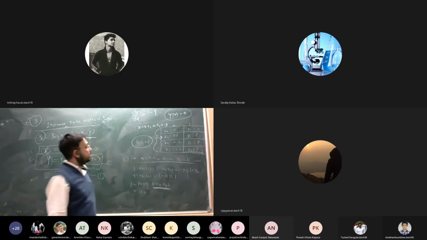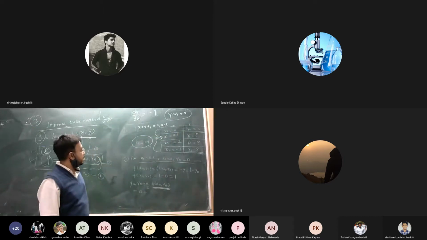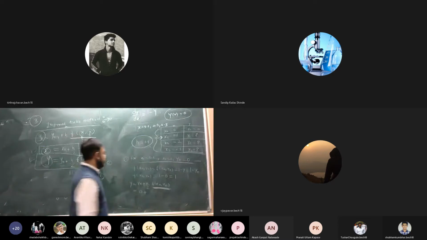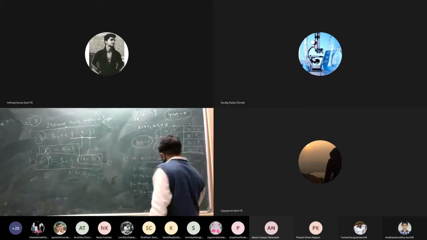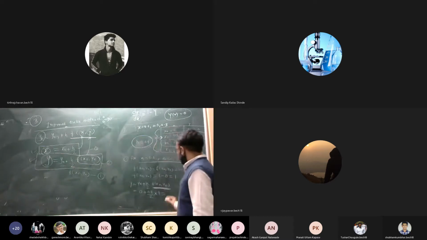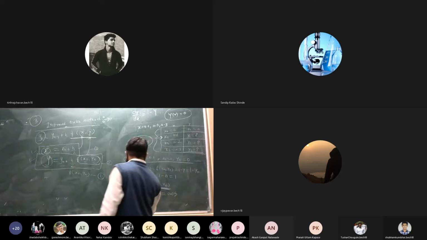So 0.1 divided by 2 into the function value 1 comes to 0.05. So that is the y value.